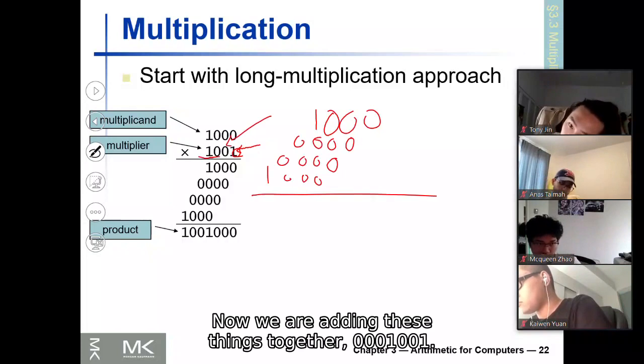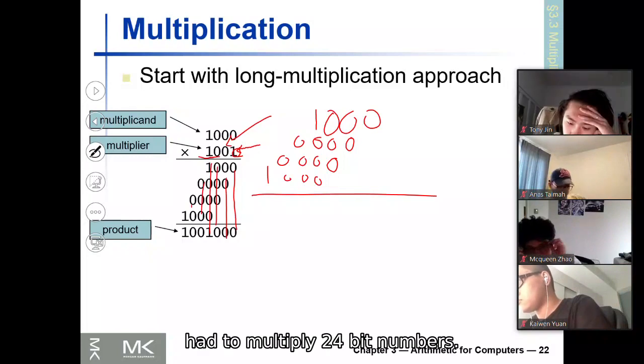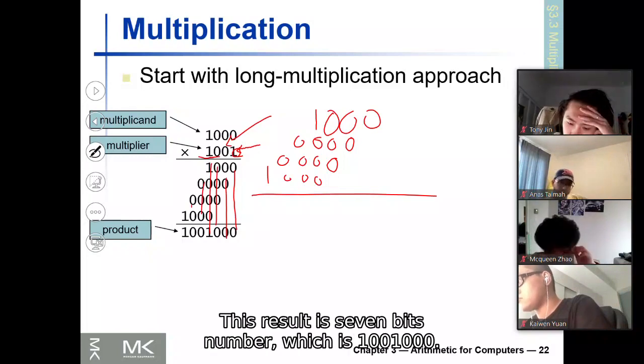Now we are adding these things together. So 0, 0, 0, 1, 0, 0, 1. The result would be a 7-bit number. We multiplied two 4-bit numbers. This result is a 7-bit number, which is 1001000.